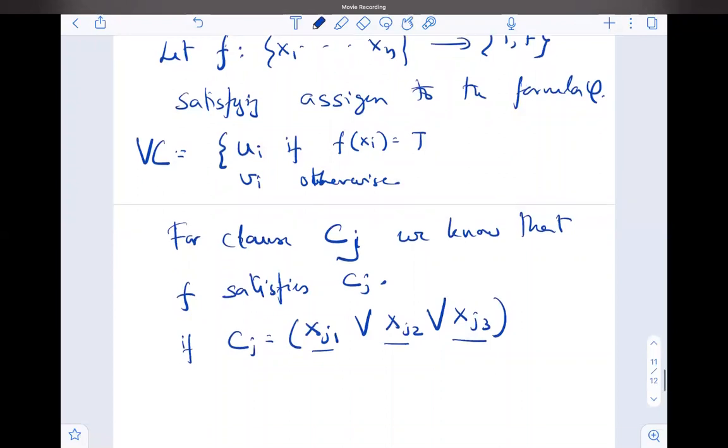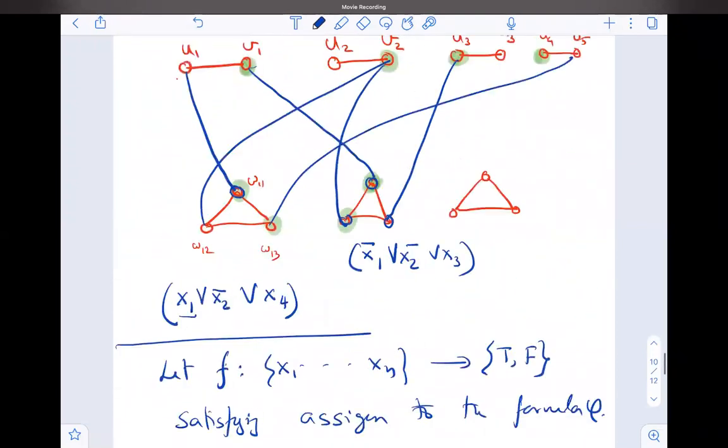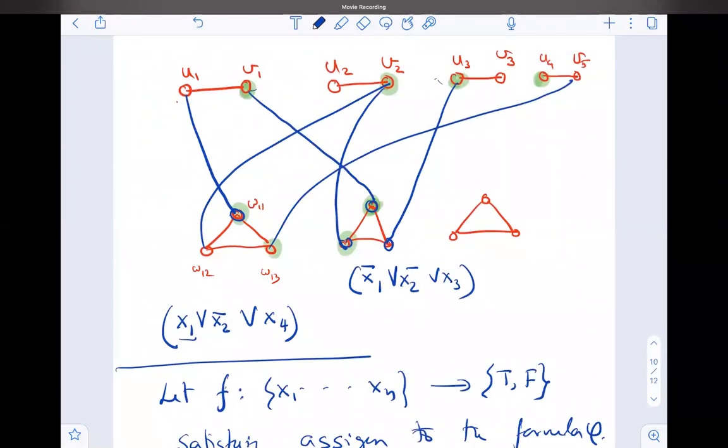So say I say that, let f of xj2 be true. Without loss of generality, we can say that this is true. So this one is getting satisfied.